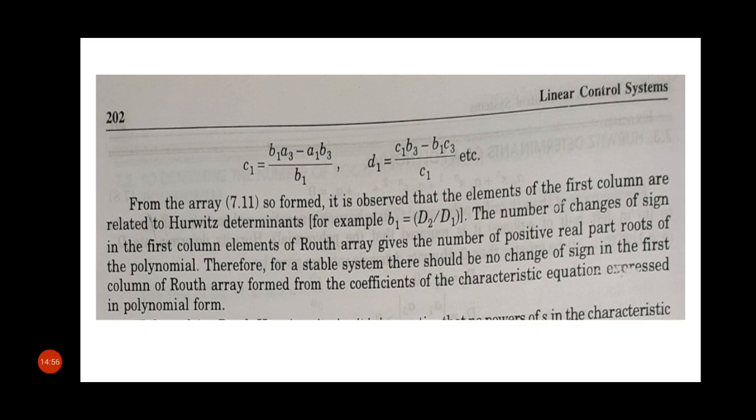While applying the Routh-Hurwitz criteria, it is imperative that no powers of S in the characteristic equation be absent.